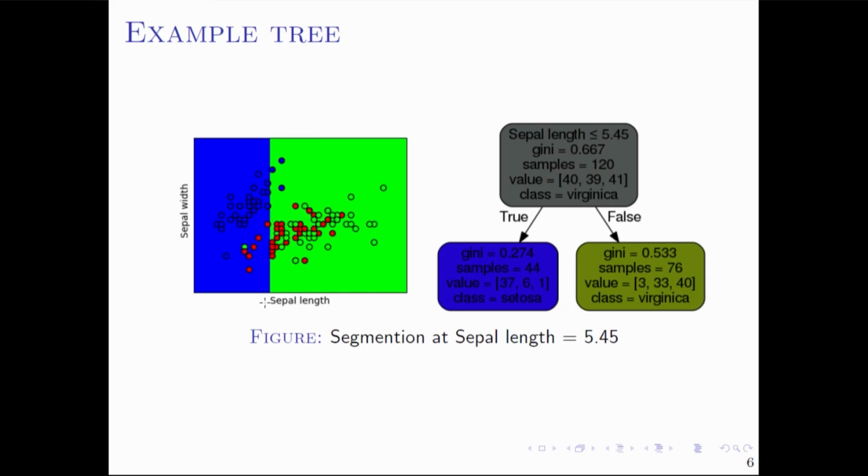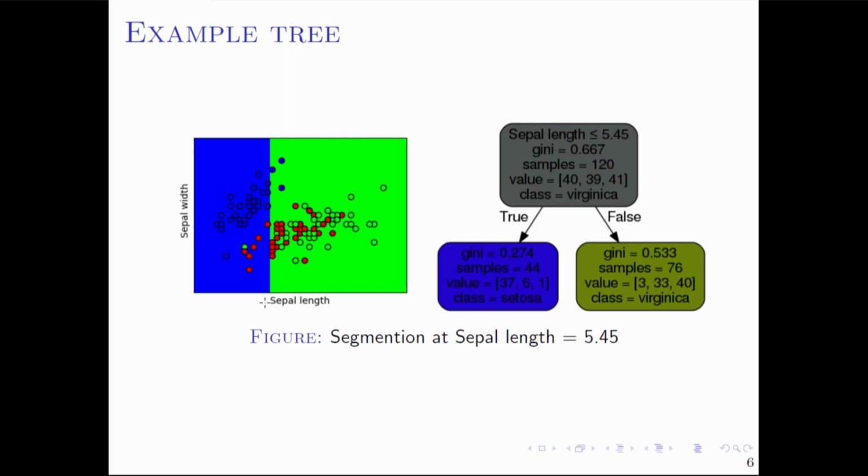When we divide the space with this line, with this feature, the left-hand side has 37 of setosa and 1 or 7 from the other classes. If we take the majority vote for an unknown point there, we will get setosa.